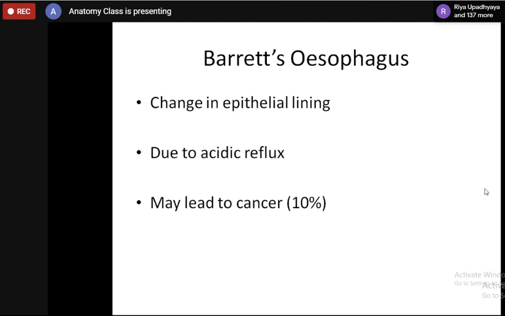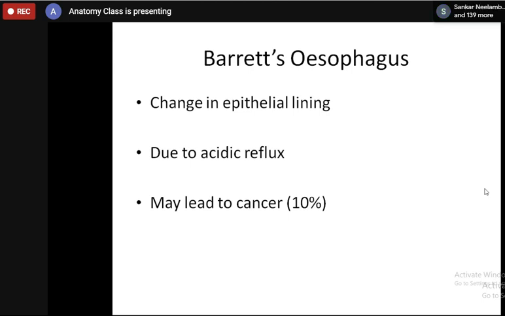Now, I was asking you about the lining epithelium of esophagus. Though you have not studied the histology portion of esophagus, we have already studied epithelium in our first semester. Can you give me an example of keratinized stratified squamous epithelium and non-keratinized stratified squamous epithelium? One example of each.